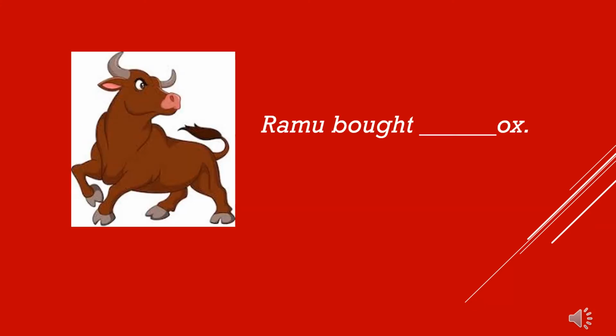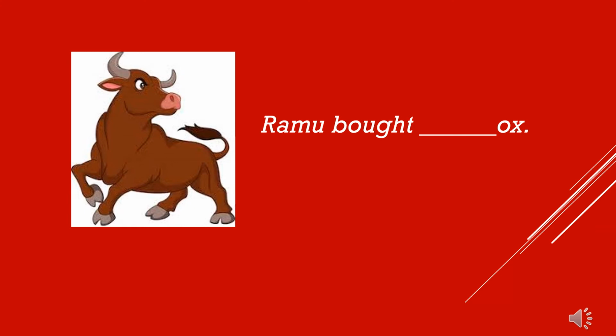I will give you another example. Here, Ramu bought dash ox. Students, here ox. It is starting with which sound? Can you tell me, students? It is starting with which sound? Okay, yes, it is starting with sound O. O is a vowel sound.